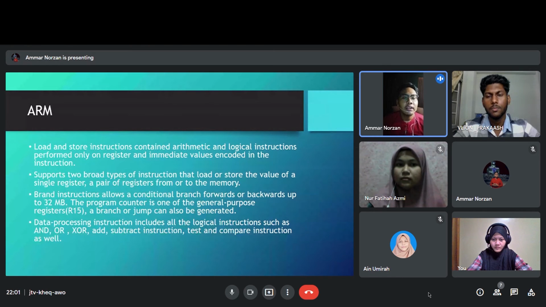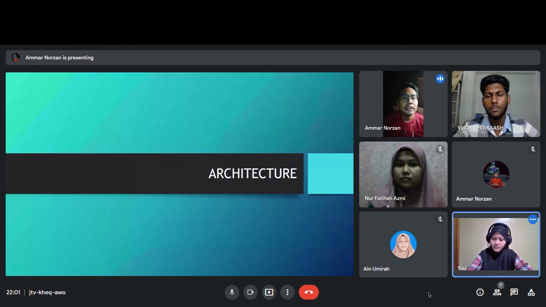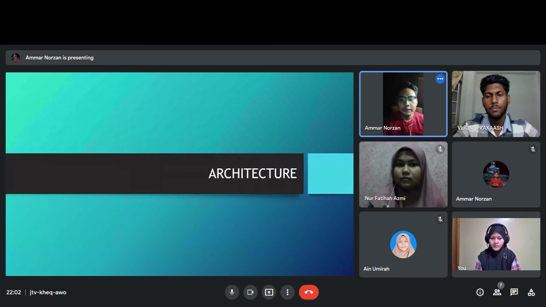The program counter is one of the general purpose registers, R15. A branch or jump can also be generated. Data processing instructions include all the logical instructions such as AND, OR, XOR, add, subtract, test, and compare instructions as well.